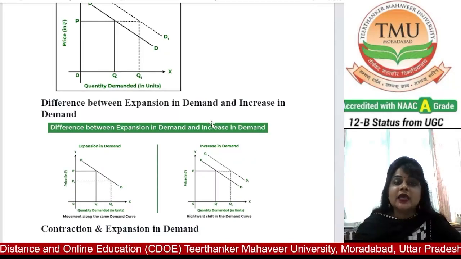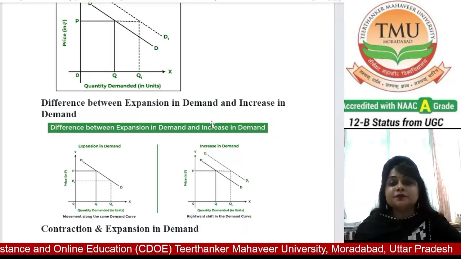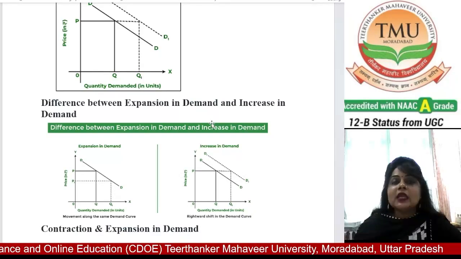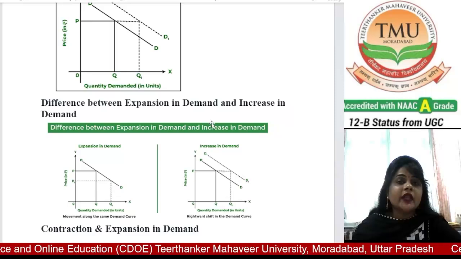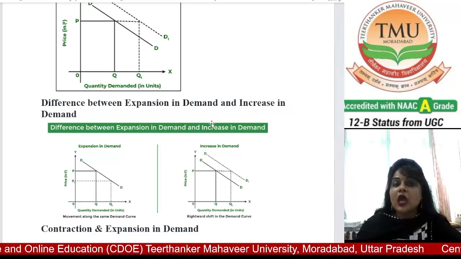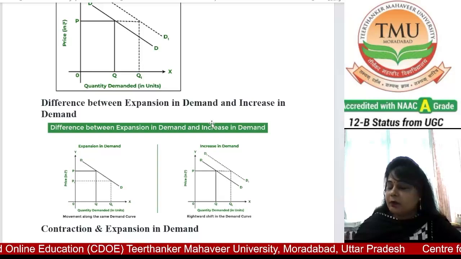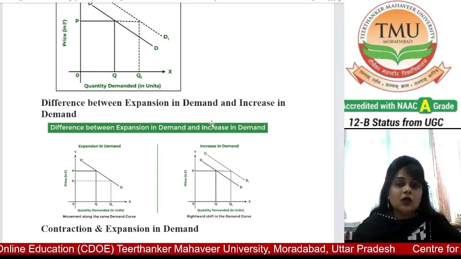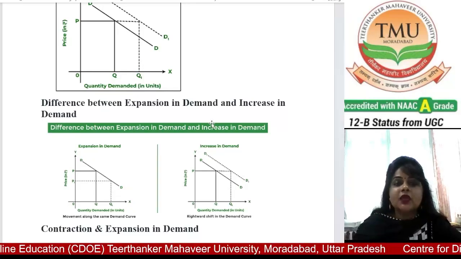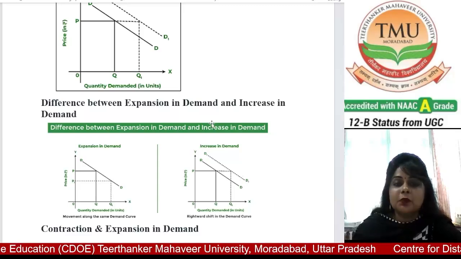Just like an increase in demand is an increase in the quantity demanded of a commodity because of any other factor, when the price of the commodity is the same.